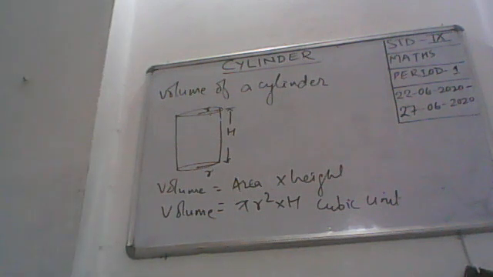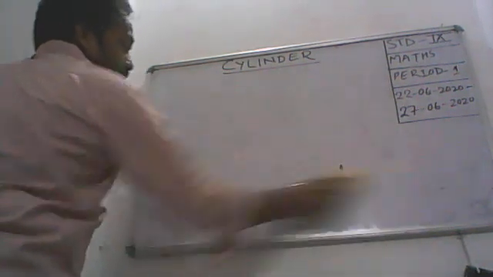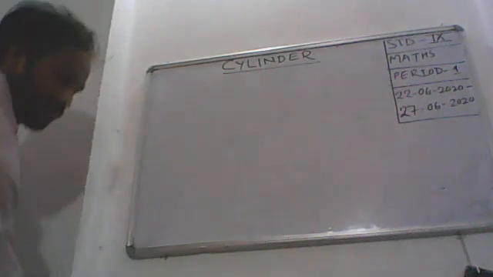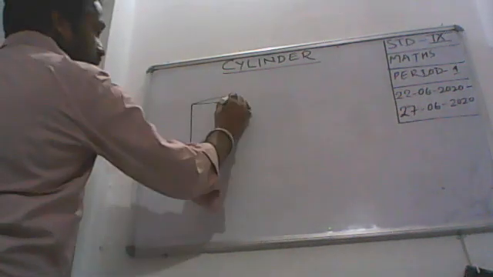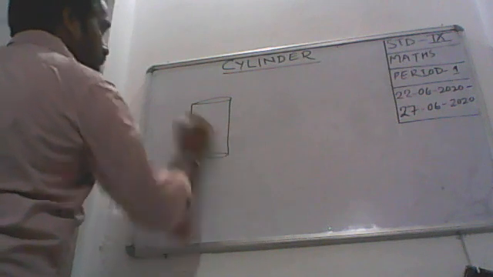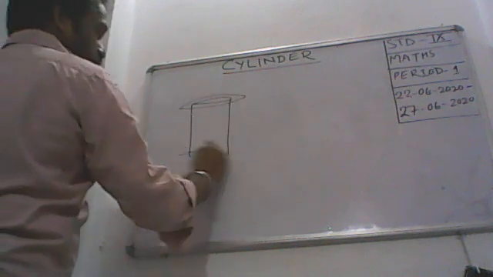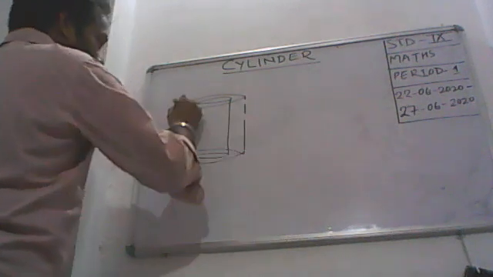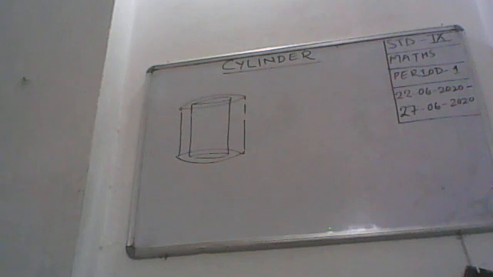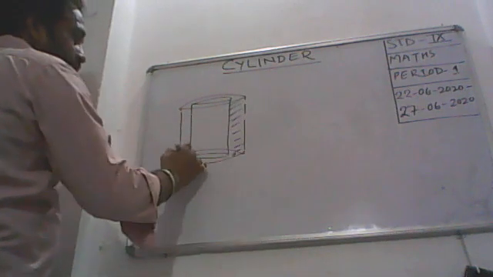There is one more, that is called a hollow cylinder. Pipes, these things are called hollow cylinders only. So let us see that also. This type of figure is called a hollow cylinder, and this is called the thickness of the cylinder.